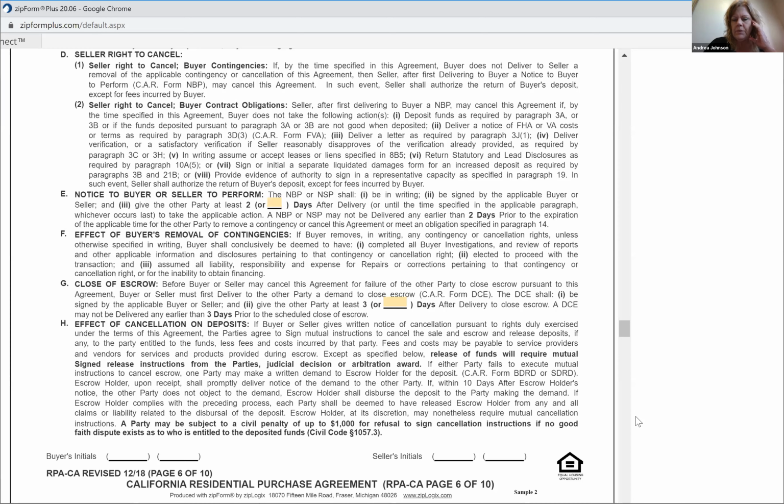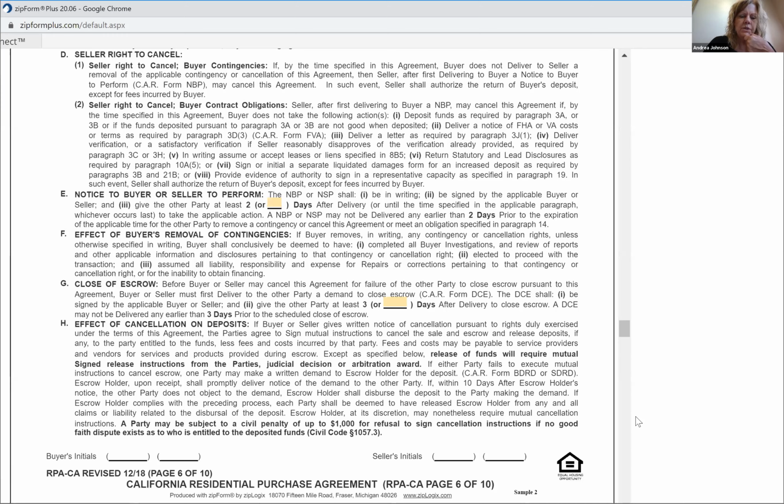Buyer shall be deemed to have elected to proceed with the transaction and to have assumed all liability, responsibility, and expense for repairs or corrections pertaining to that contingency or cancellation right, or even the inability to obtain financing if something goes haywire and they suddenly can't get their loan and they have removed their loan contingency.